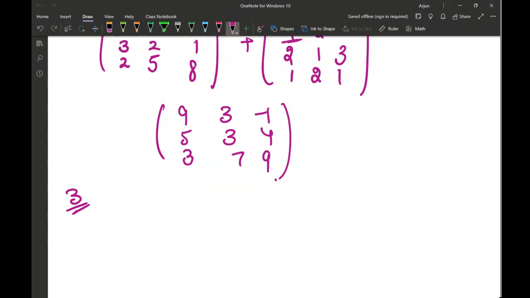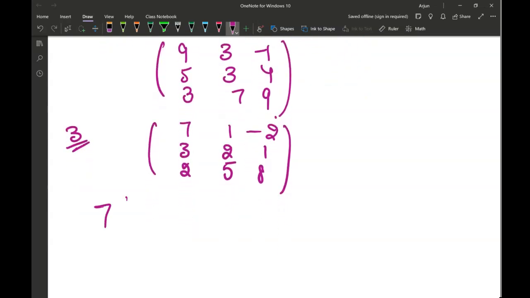Find the determinant of the given matrix. That will be 7, 1, minus 2, 3, 2, 1, 2, 5, 8. That's the matrix given to me. So 7 multiplied by 2 times 8, the first term, and then multiply these two and these two and subtract them, minus 5 times 1.